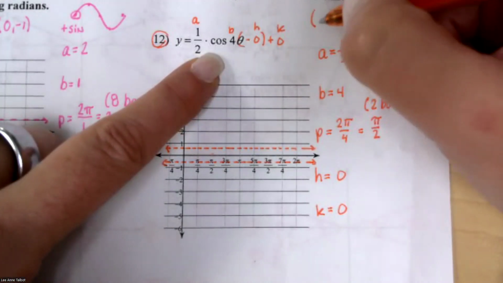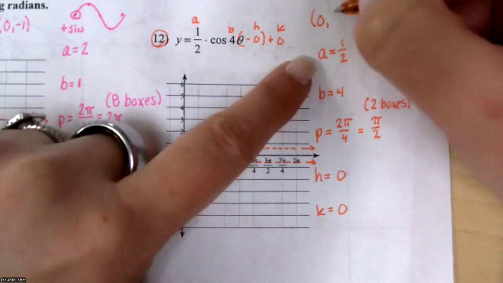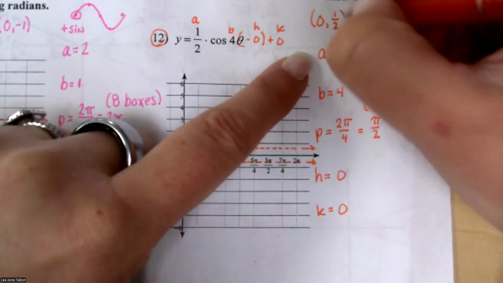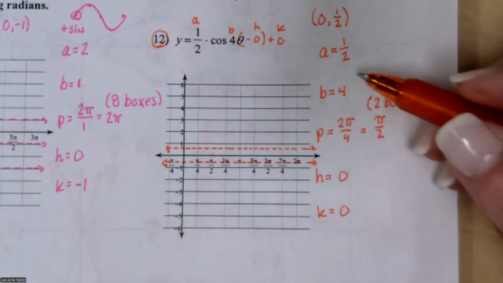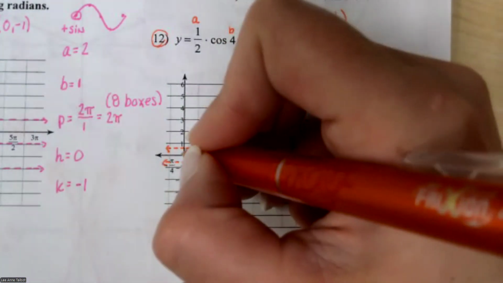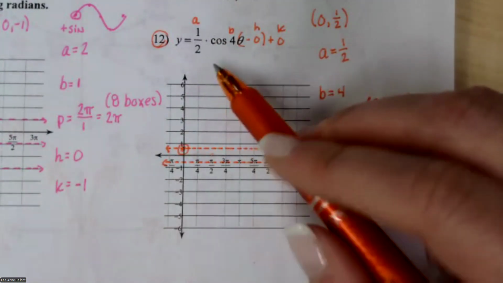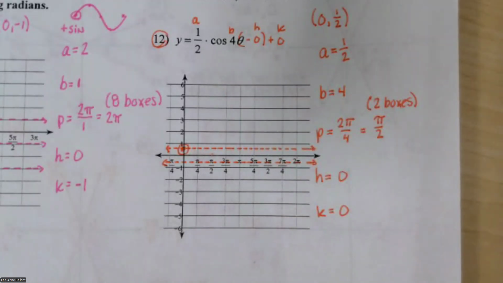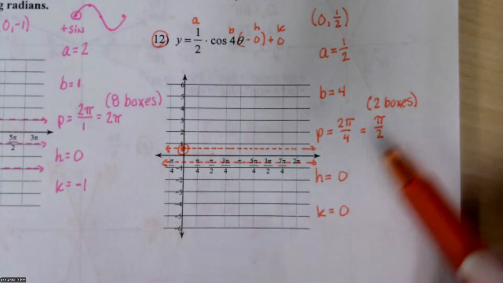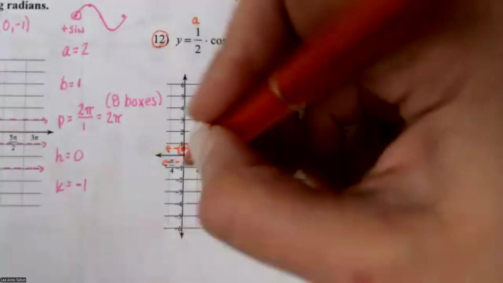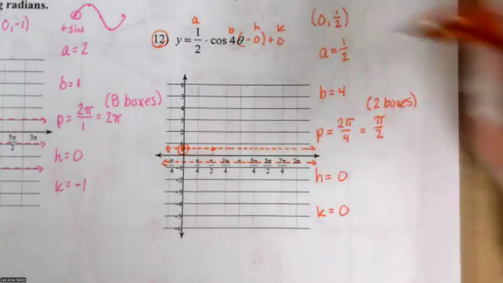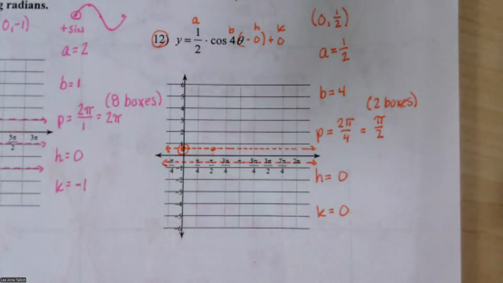Okay, anyway, cosine. So locator point is h comma k plus a. So 0, 1/2 is right there, which makes sense to me because this is a positive cosine, so I should start on the top line. Period is 2 boxes, so I'm going to go 2 boxes away to make my end point.